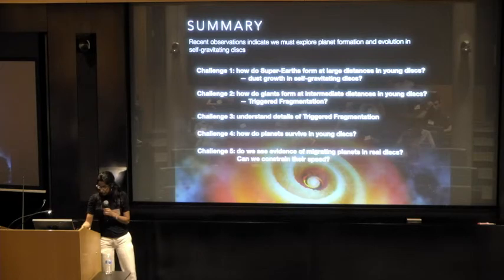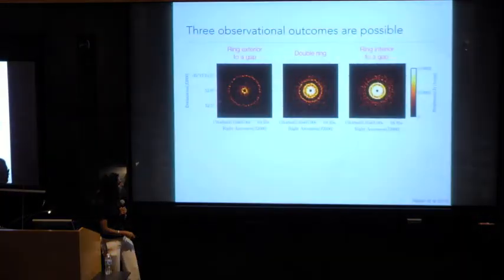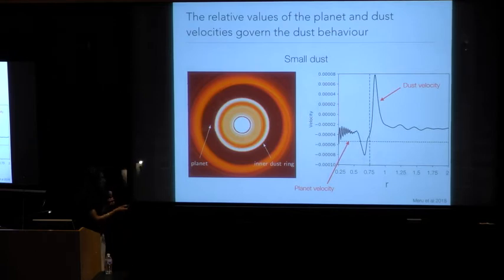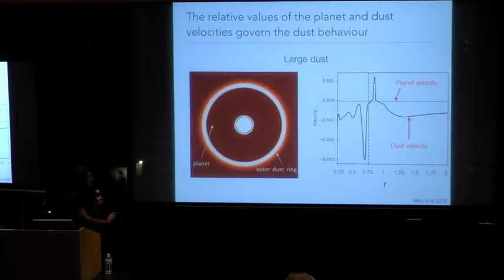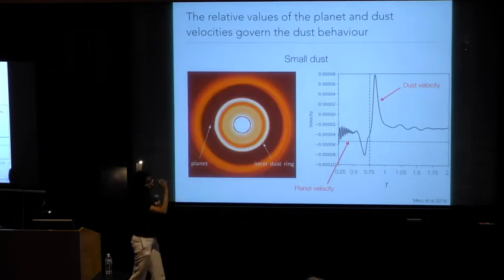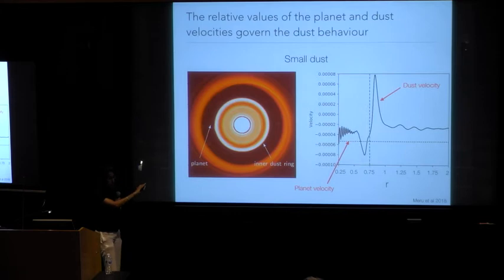Yeah, sure. So apologies. So let's go back. For the large dust, we modeled Stokes numbers up to 0.1, and for small dust we went down to 10 to the minus 4. Sorry, we did go down to 10 to the minus 4, but those actually just followed the gas.